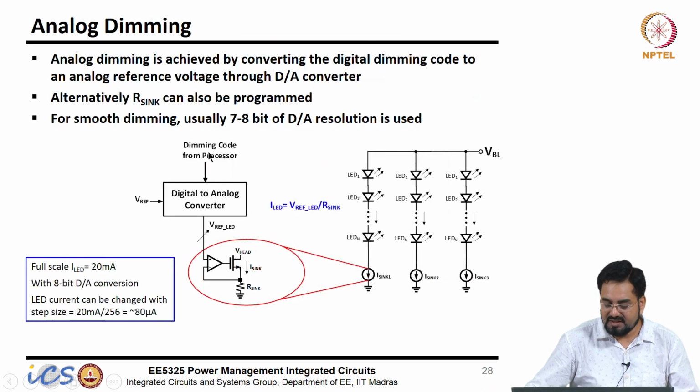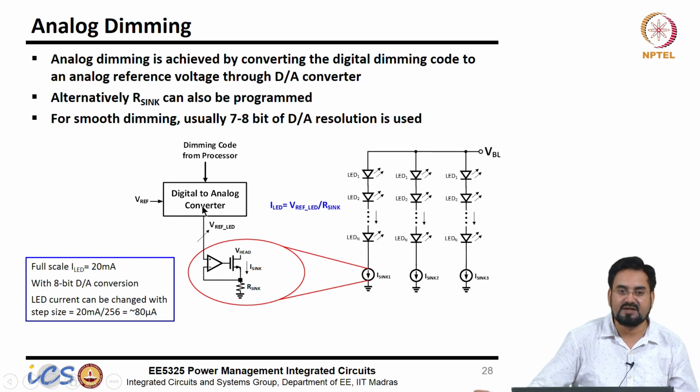So analog dimming is quite simple. We have this sink regulator, so all we need to do is change the reference voltage. My current is nothing but this Vref, let us call it Vref LED, divided by R sink. So that will be your current. You have a fixed Vref, and you can have a digital to analog converter to generate a programmable voltage.